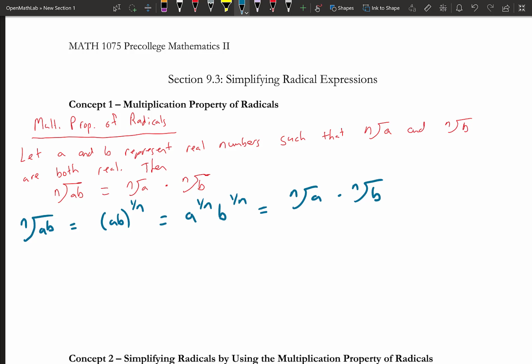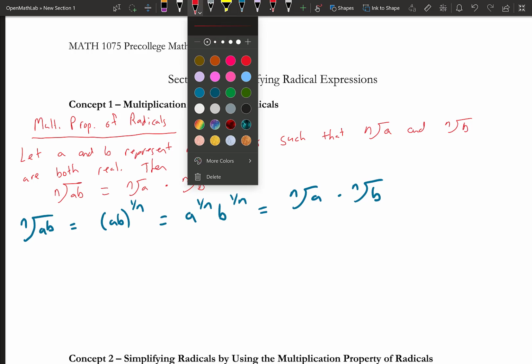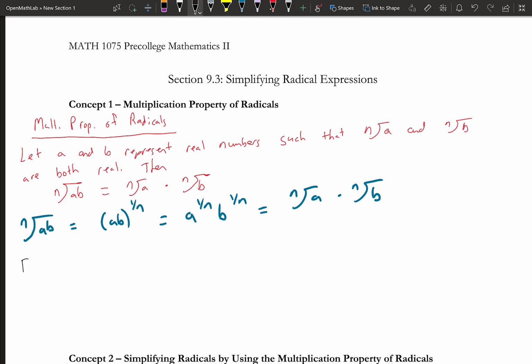So just a quick example. If I have the square root of 144, that's equal to the square root of 16 times 9, because 16 times 9 is equal to 144.